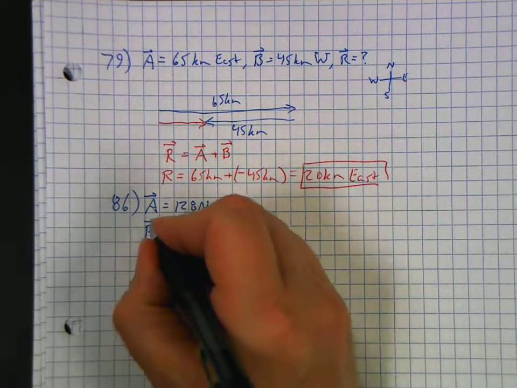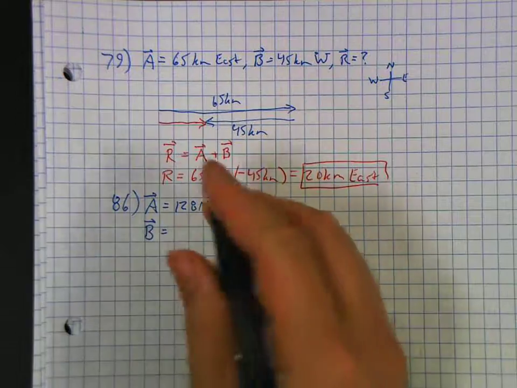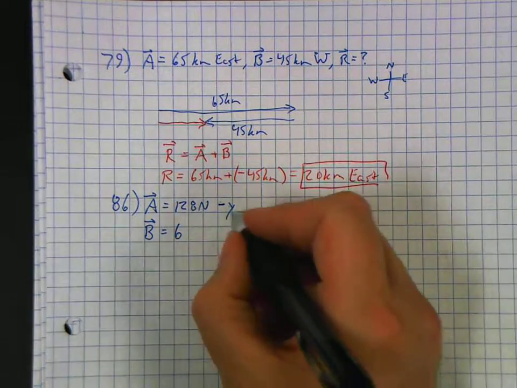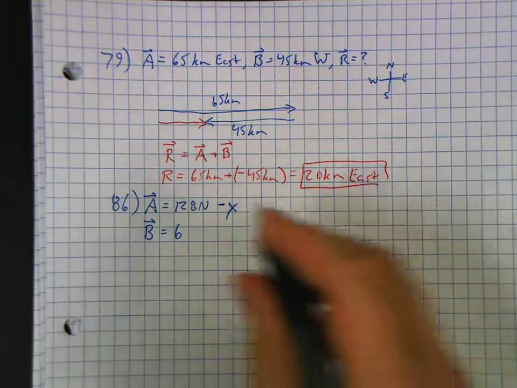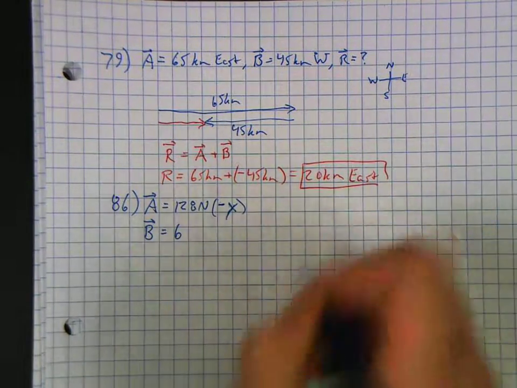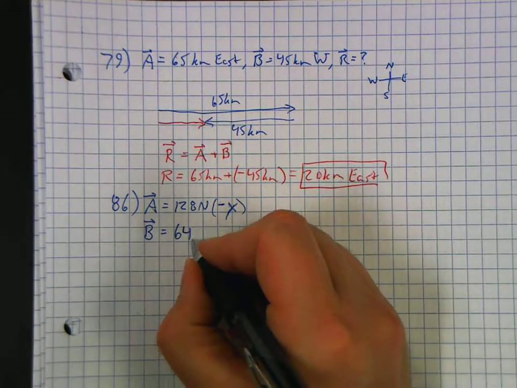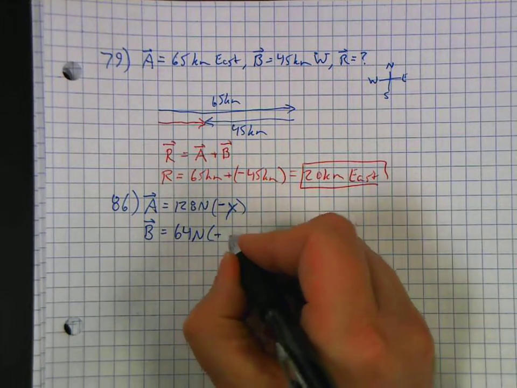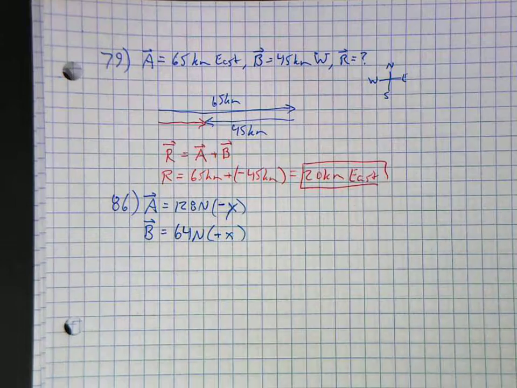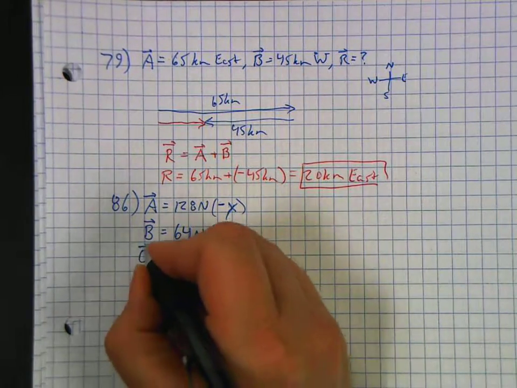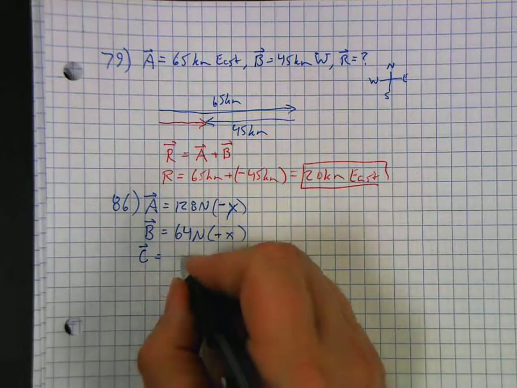Vector B is equal to 64 newtons long, and it's going in the positive x direction. And then we had a third vector, which we'll just call C, which is 128 newtons at 30.0 degrees above the positive x-axis.